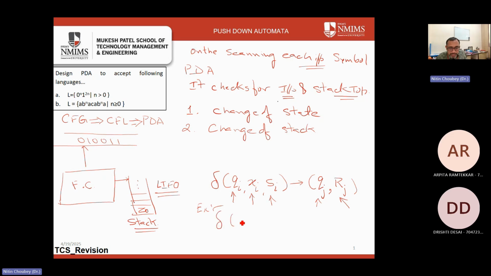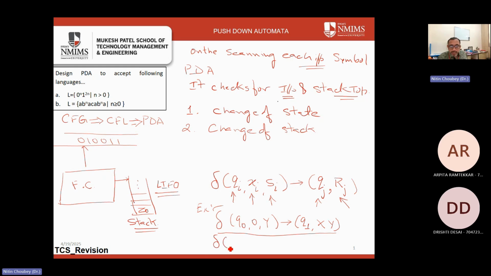Let's say we have state Q0 where the input is 0, and on the stack top, let's say we have a symbol Y. So we can write it like this. Next state, let's say Q1, and X is another symbol which will be pushed onto Y. So it can be represented as X pushed on Y. This is one way of representing the transition function for push-down automata.